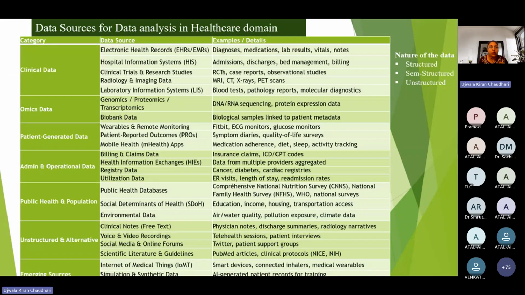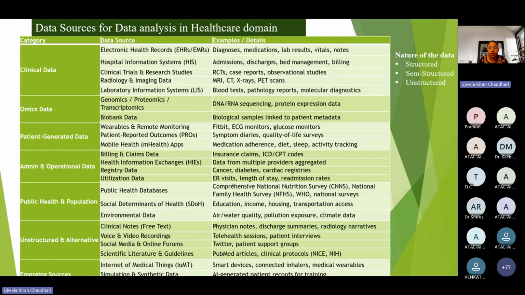Clinical data is typically generated through direct clinical interaction, like hospital information systems, then clinical trials and research studies, and radiology and imaging data also come under clinical data. One important thing is that the nature of this data again falls into different categories.